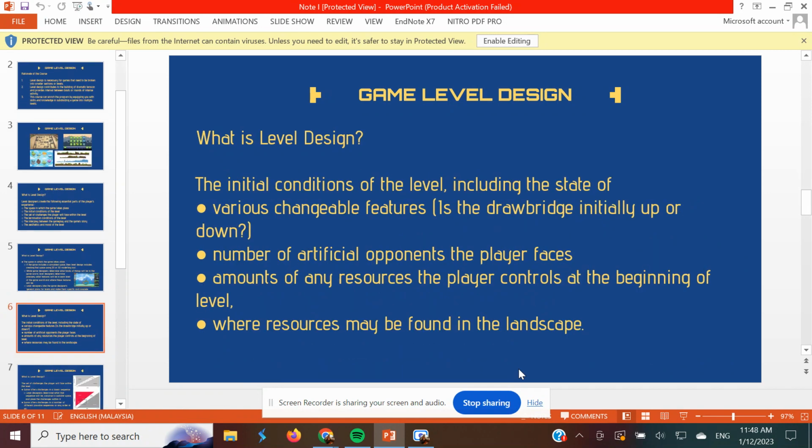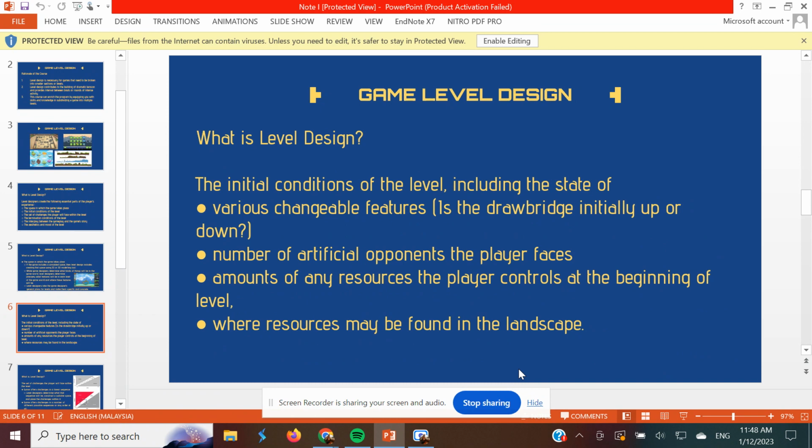So basically, what is level design? The initial conditions of the levels, including the state of various changeable features. Is a drawbridge initially up or down? So the initial conditions of the levels, including the state of various changeable features, is explained here: you're planning something in that level design.